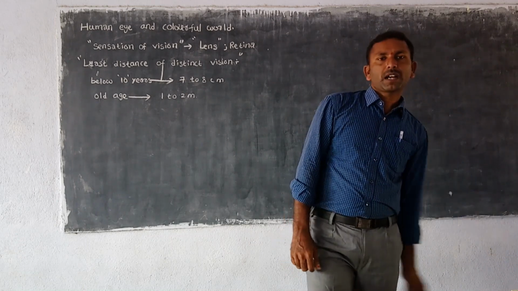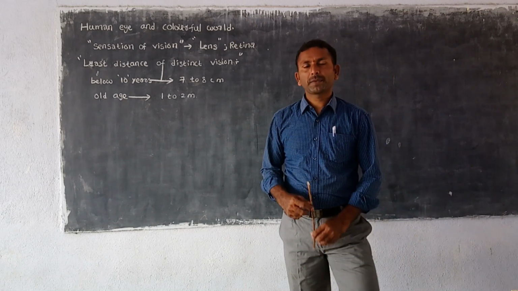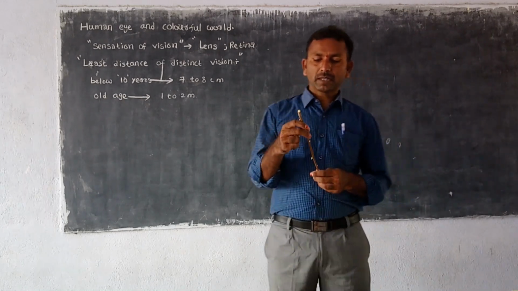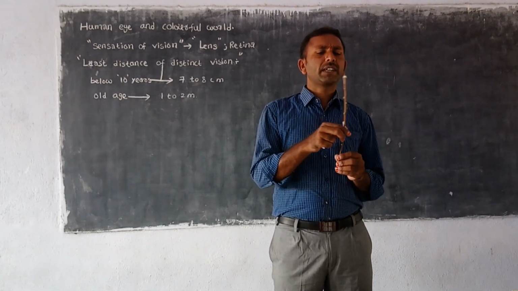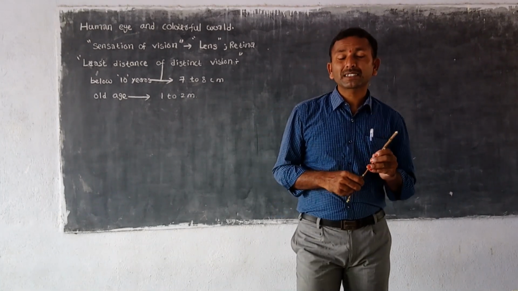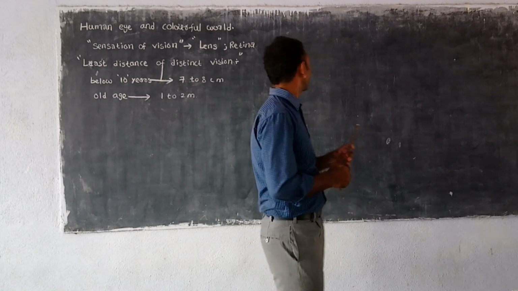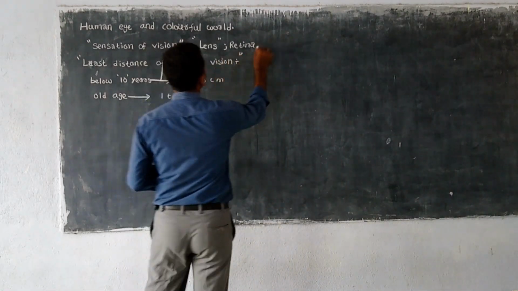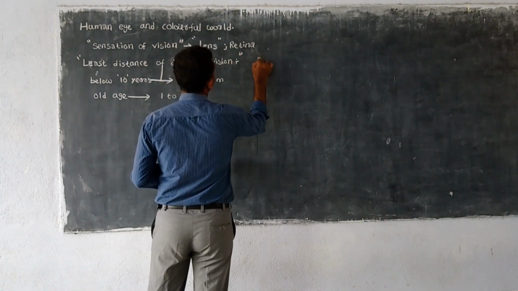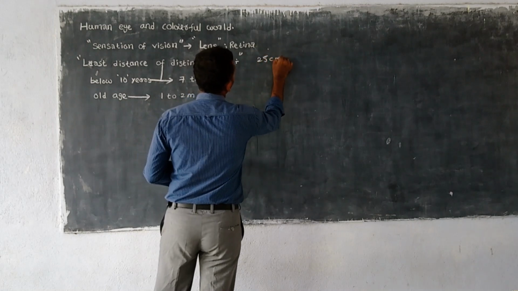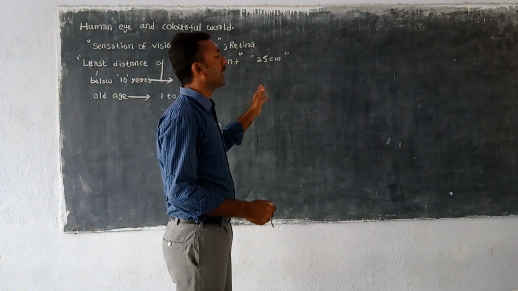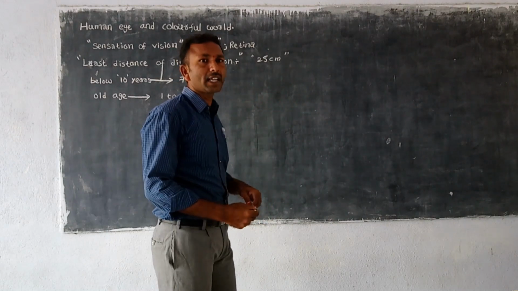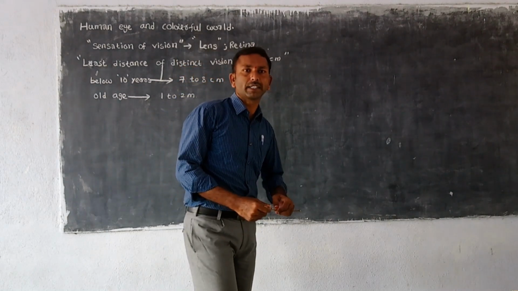For example, now I am taking a stick here, which is approximately 20 to 35 centimeters. So what is the least distance of distinct vision? 25 centimeters. 25 centimeter is the least distance of distinct vision, which we found in activity 1 by taking the average values of all your friends.